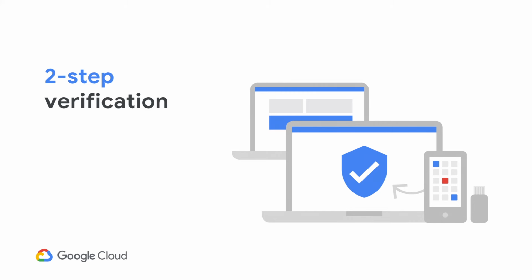The first one is two-step verification. Why do companies need two-step verification? Well, we know that passwords can be easily compromised. They can be figured out, they can be stolen. So it's very important, especially in terms of enterprise corporate data, which is more vulnerable in terms of security vulnerability.